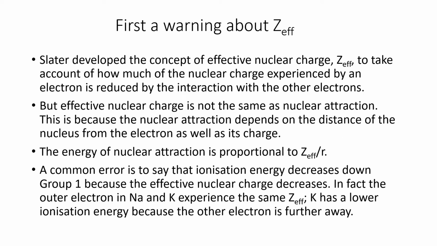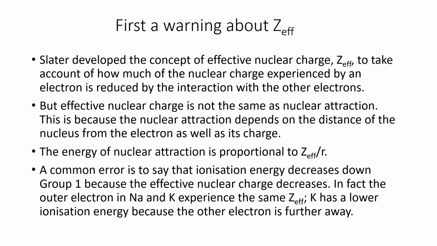But before we get into Slater's rules, I just wanted to give a health warning about effective nuclear charge, Z_eff. I think this can be somewhat misunderstood and misused as a term, so I was just going to go through some of these ideas now. Really it's all about how the nuclear charge is, as it were, moderated by other electrons in the atom when you're looking at it from the point of view of one electron in particular.